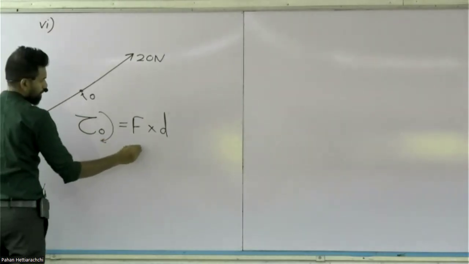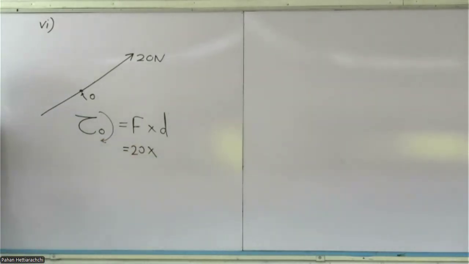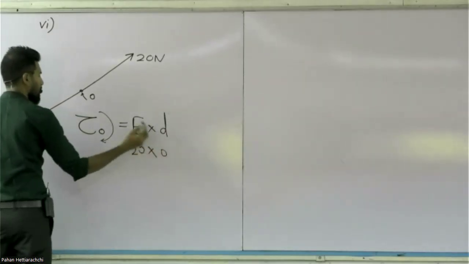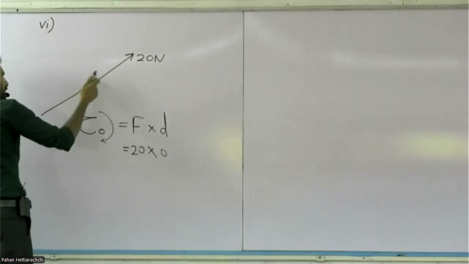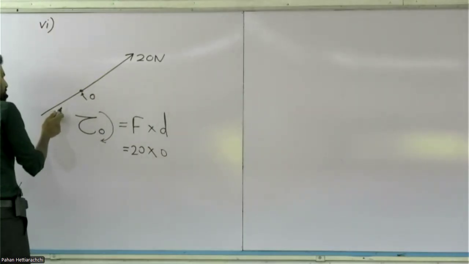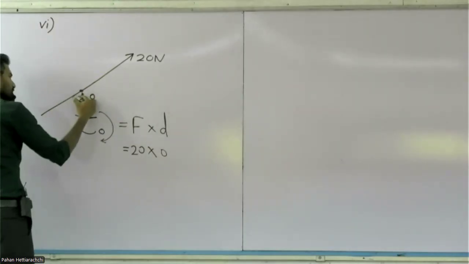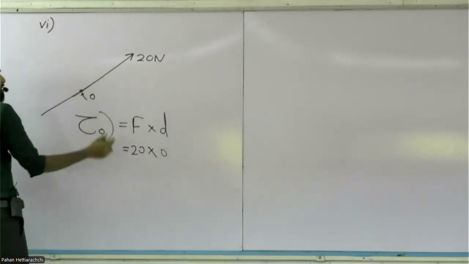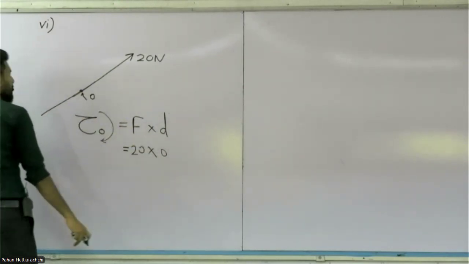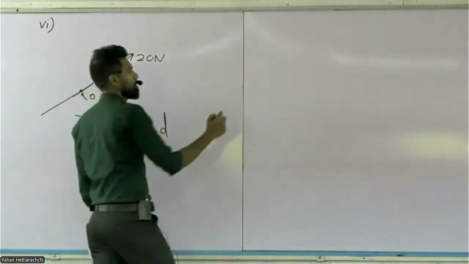Force is 20. What is the perpendicular distance? It's 0. If the force's line of action is passing through the considered point, then you don't have a perpendicular distance to that point. Come to the board.